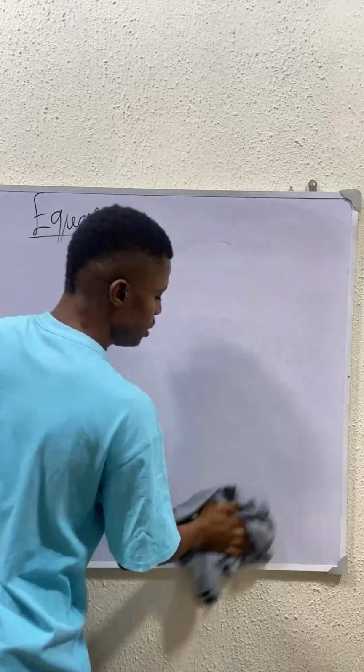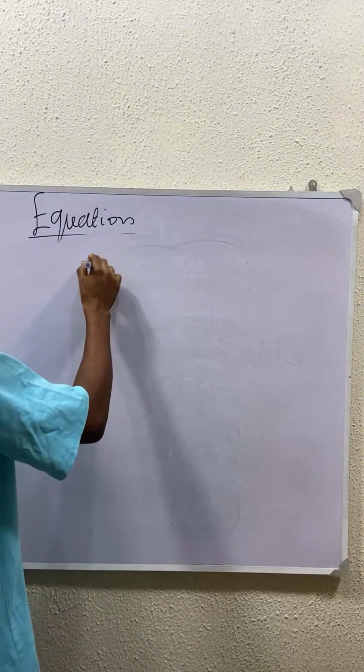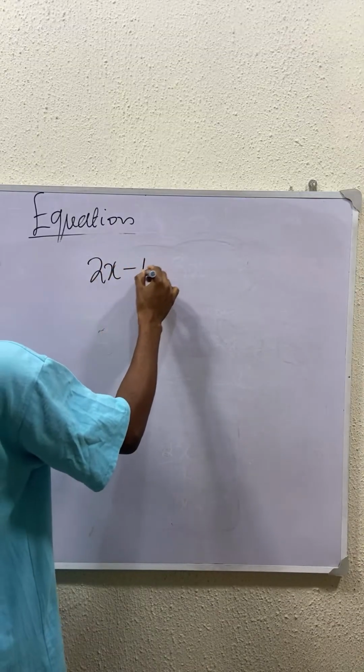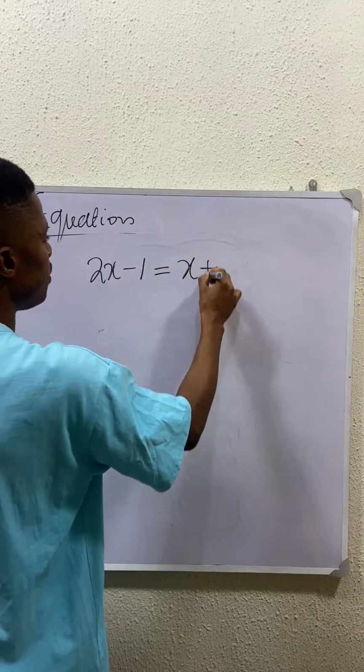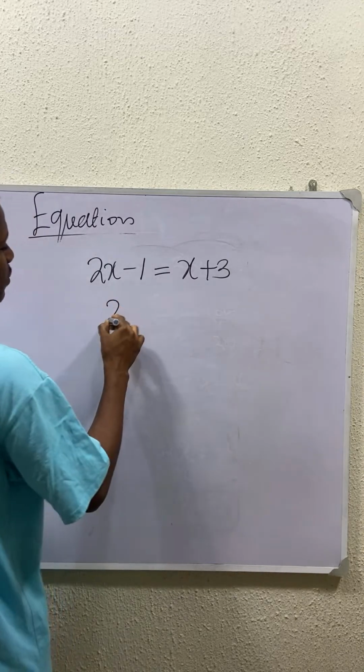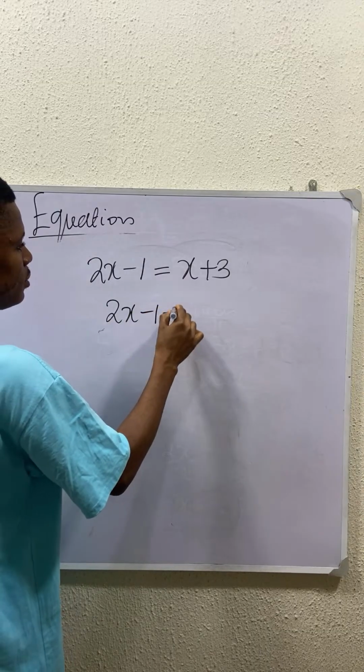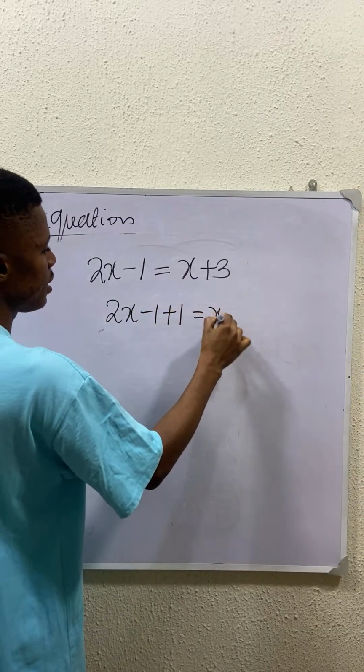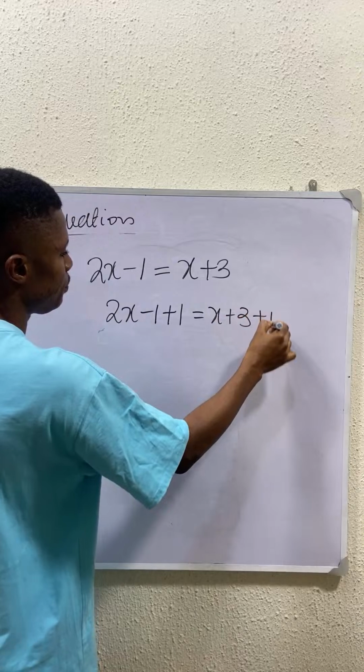So the next one we'll look at is, let's try to solve 2x minus 1 is equal to x plus 3. Can you attempt the question and let us know? To solve this, you have 2x minus 1, you add 1, and x plus 3, you add 1.